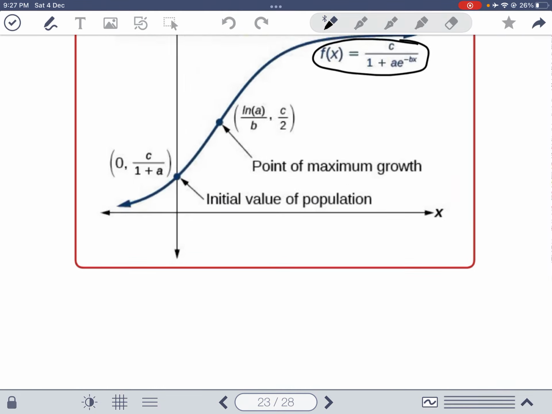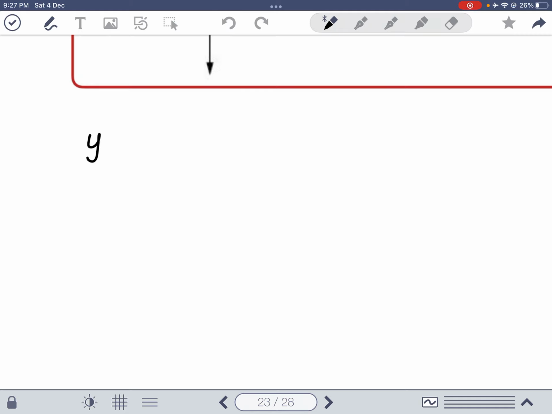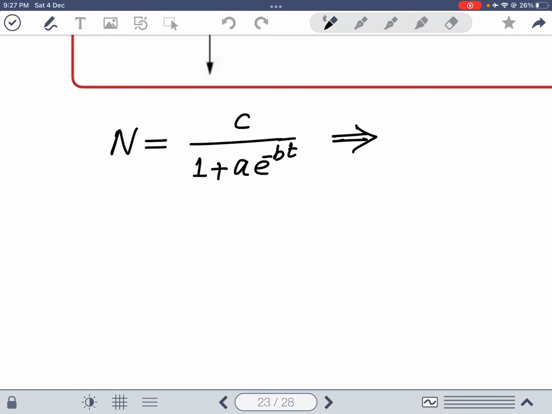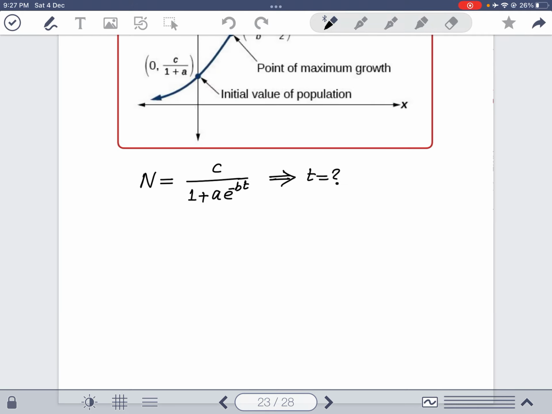so if we have y or t, let's say n of t, or n, let me just make it easy. If n, the population, equals constant over 1 plus a e to the minus b t, then what I want is for you to tell me what is t in terms of big N. Solve for t.